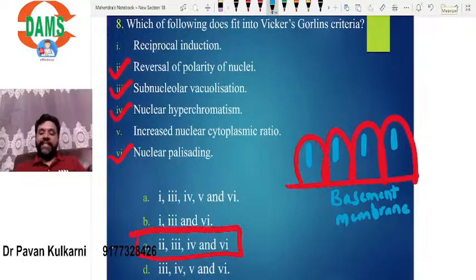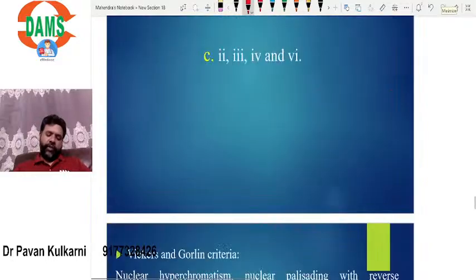That is called a reversal of polarity. And the nuclei are at the same level. That is called palisading. Nuclei are dark. That is called hyperchromatism. And just below the nucleus, you will see a vacuole. What is a vacuole? An empty space you will see. So this is called Vickers-Gorlin criteria for ameloblastomatous transformation.